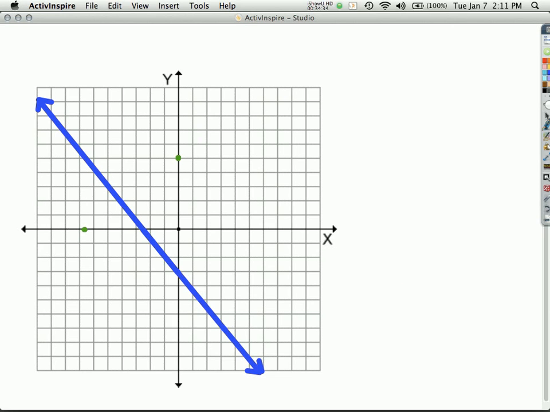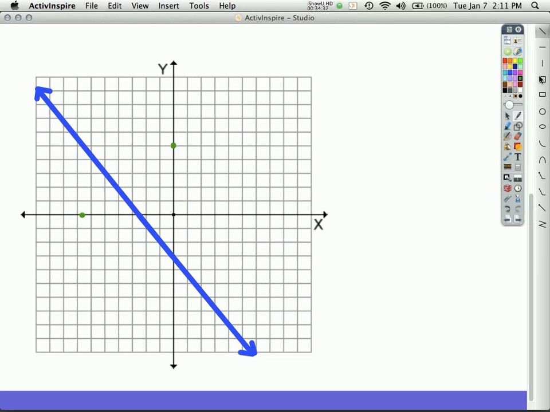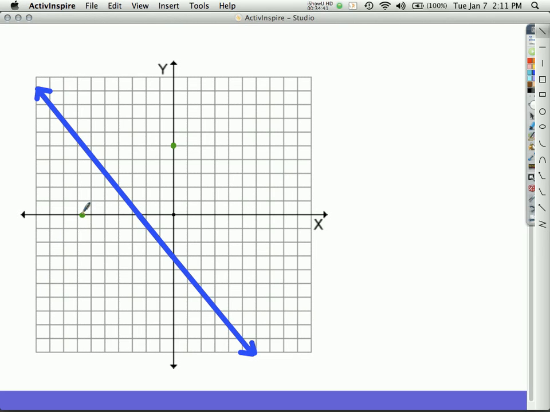And again, connect the dots. You want your line to go all the way through. Accuracy is critical.